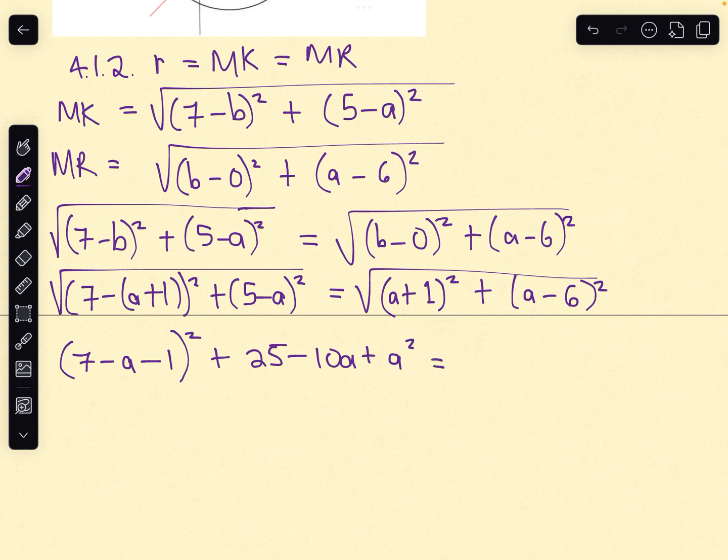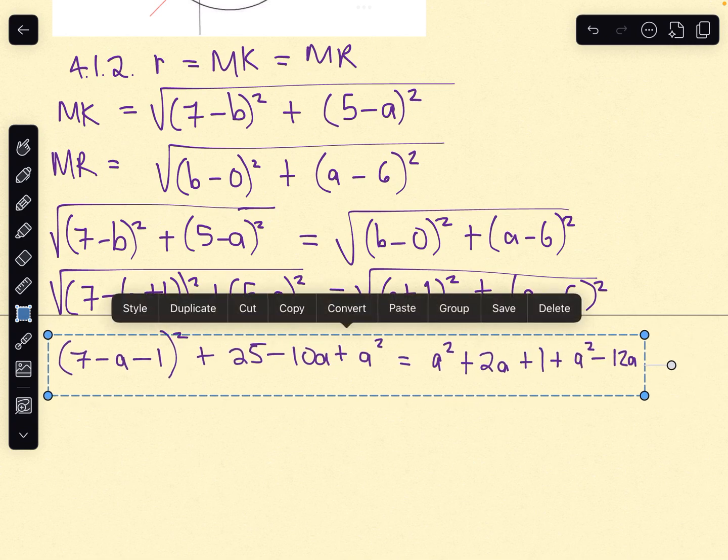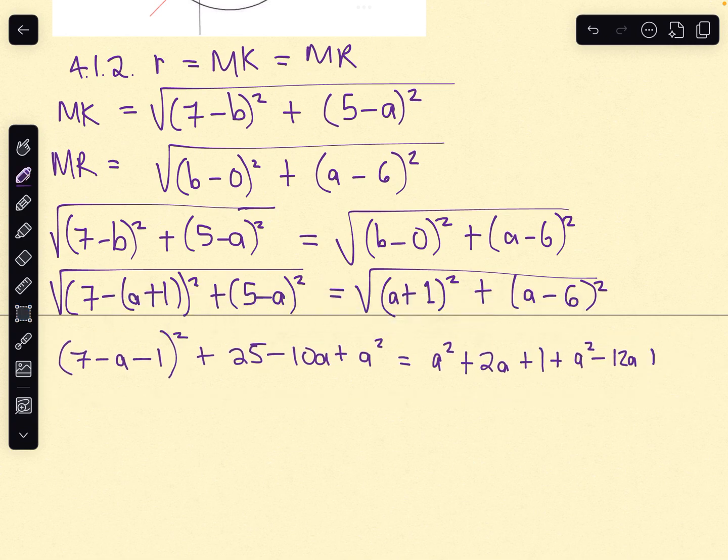And then on this side, we multiply out a plus 1 times a plus 1, so that will be a squared plus 2a plus 1. And then this second product becomes a squared minus 6a minus 6a, and then the last term is 36.